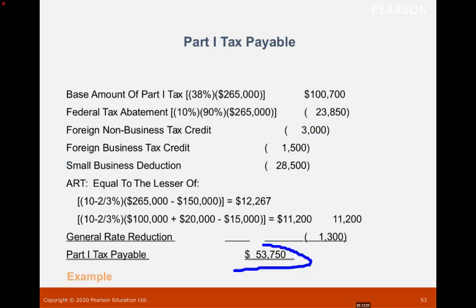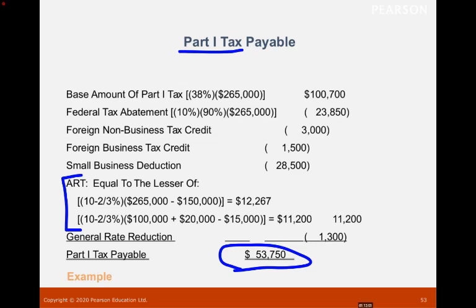So there's where we end up in that example in the text for Part 1 tax payable. Again, I gave you guys a little bit easier question on the assignment, but you will need to be able to potentially calculate things such as what's in this example. The only wrinkle we've really added here is that refundable Part 1 tax that we calculated.